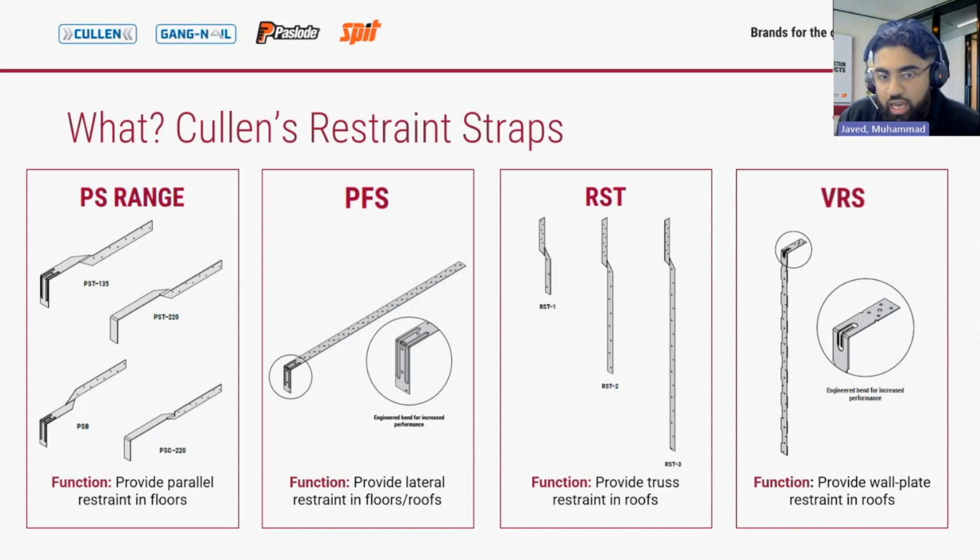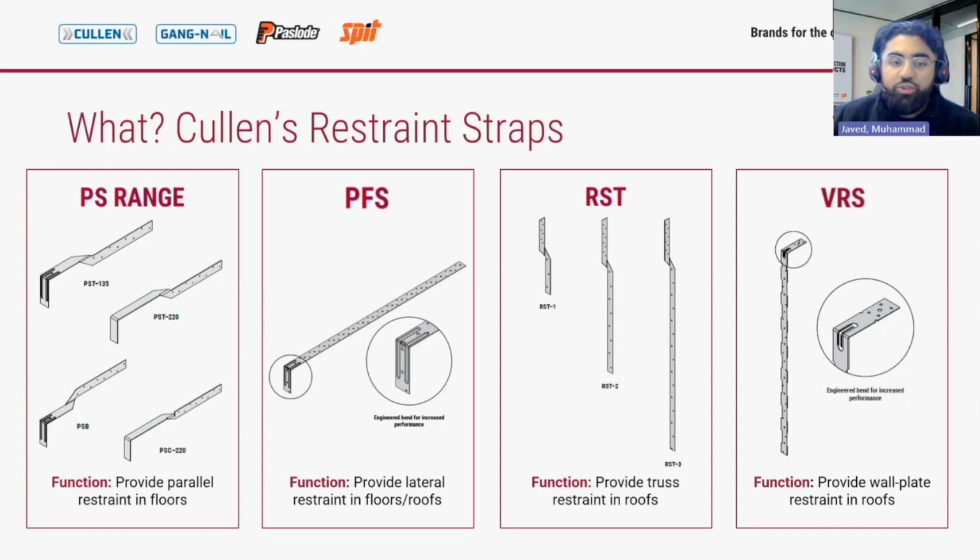And lastly, we have our vertical restraint straps, which, as the name suggests, also provide vertical restraint and are used for roof elements. I'll go into more detail on the specific applications in the upcoming slides, but the key takeaway is that all of our straps are accepted by both the NHBC and Home Bond and are compliant with Approved Document A and Scottish building regulations. This means that they can be used as alternatives to traditional straps in the UK, and later on in this webinar, we'll touch on engineered versus traditional straps.